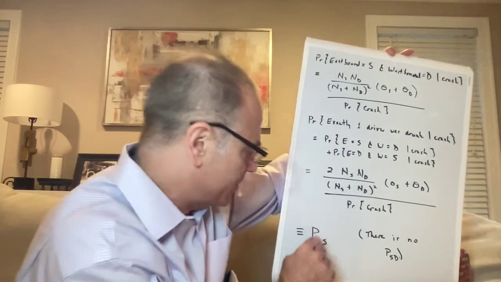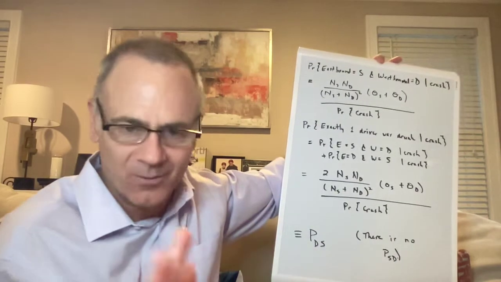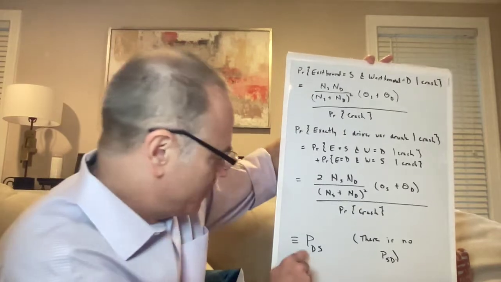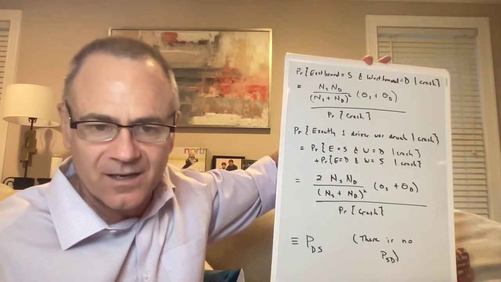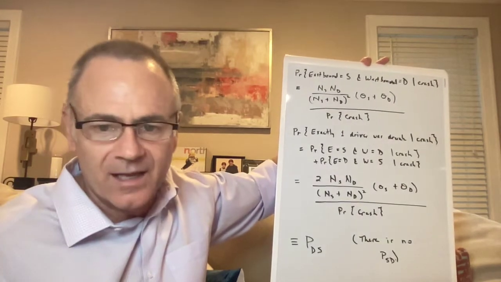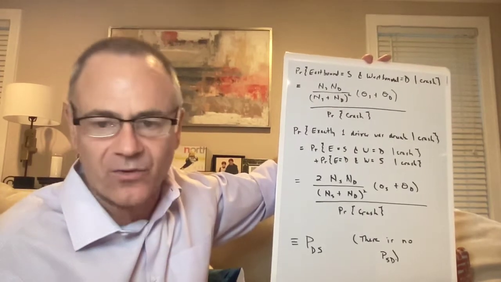Levitt and Porter always called it PDS. I'm calling it PSD. That was wrong. There is no PSD. PDS is defined to be the probability that exactly one driver was drunk given a crash.